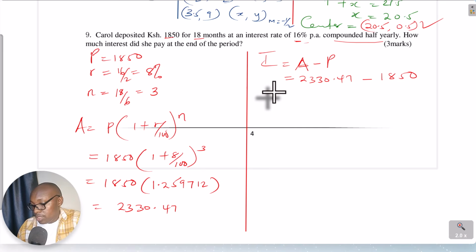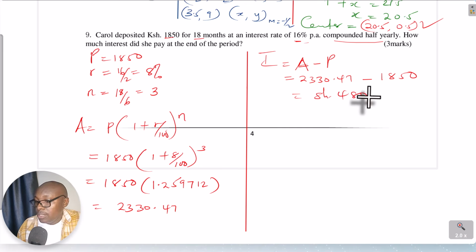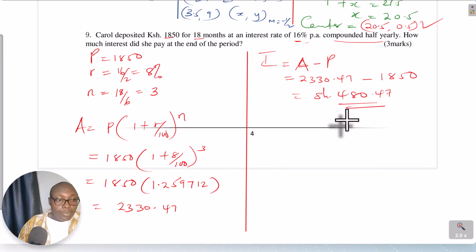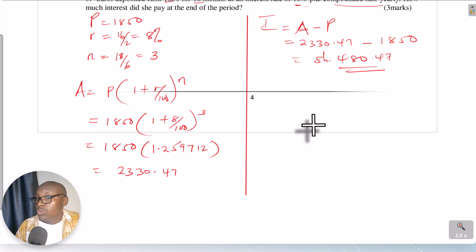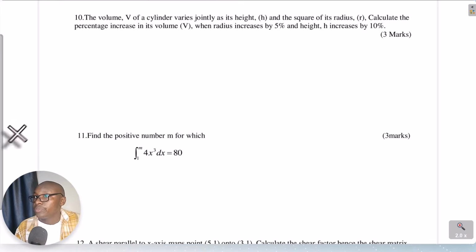So minus 1850. So that gives an interest of 480 and 47 cents. So that is how we're supposed to solve that. We go to the next question, question 10.